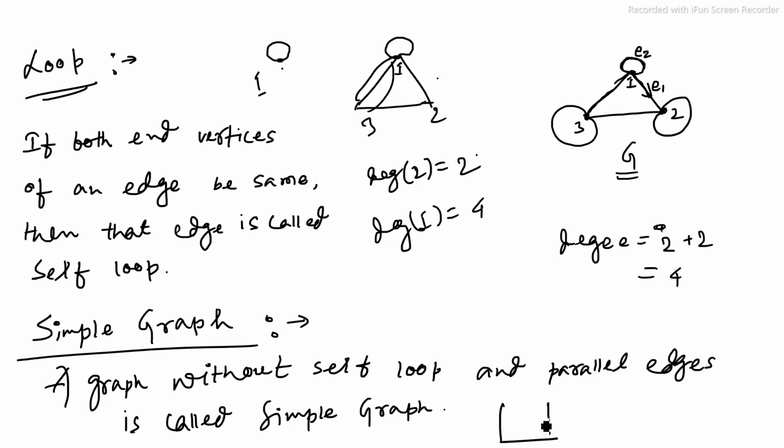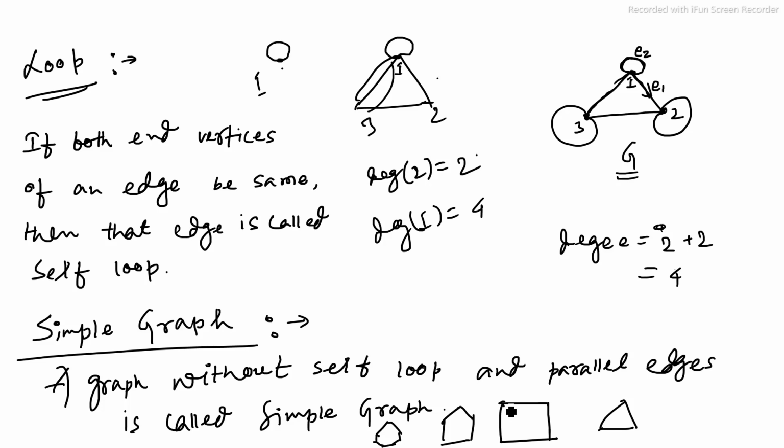Like this, this graph doesn't have parallel edges or loops. These graphs do not have loops or parallel edges. This is called a simple graph.